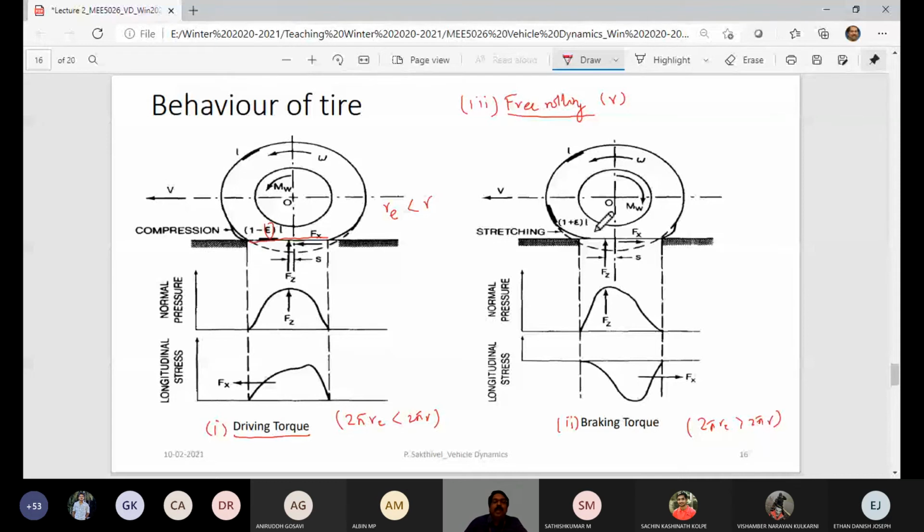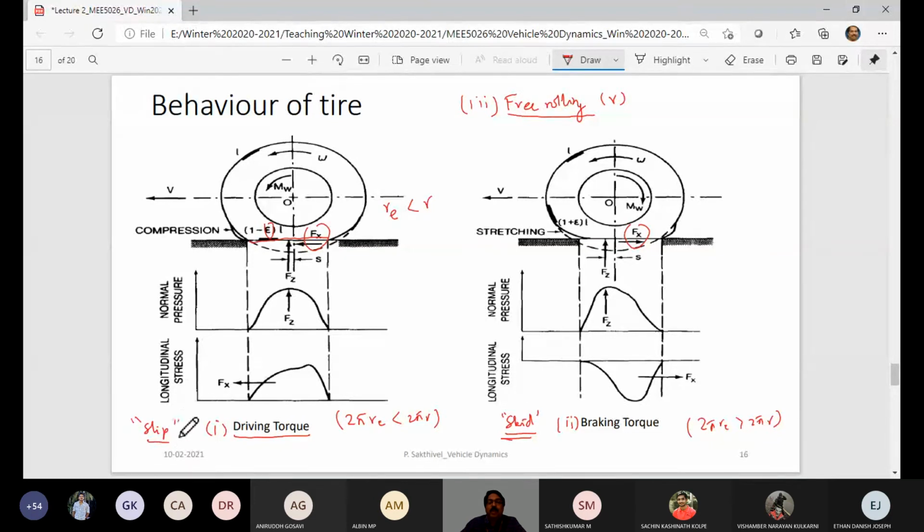So you would define a phenomenon called slip, and a phenomenon called skid, because of these differences. The slip and skid are necessary events to get your traction force or braking force generated. If this is not happening, you would not have these forces developed.